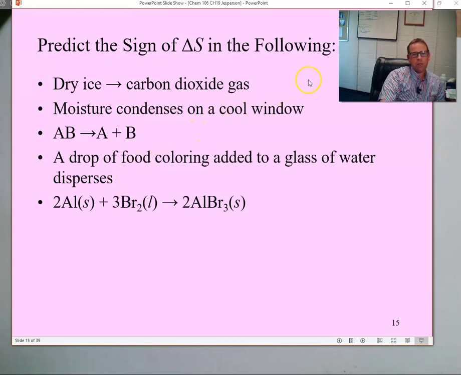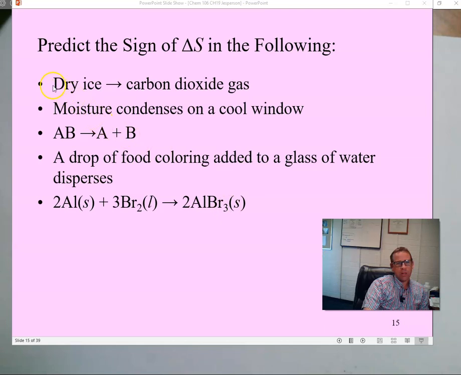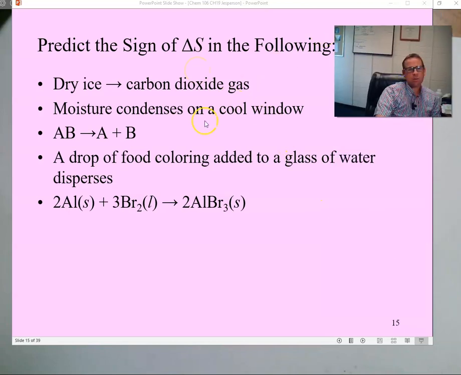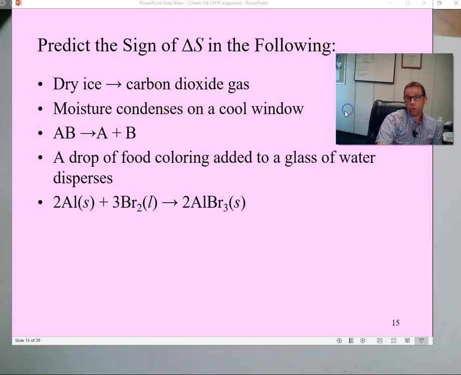All right, so what do you think? We would like to predict the sign for the delta S in the following. Delta is always final minus initial. So if we think about the order, the disorder of these reactions. Dry ice, solid, going to carbon dioxide gas, which side here is more entropically random? The dry ice side or the carbon dioxide side?